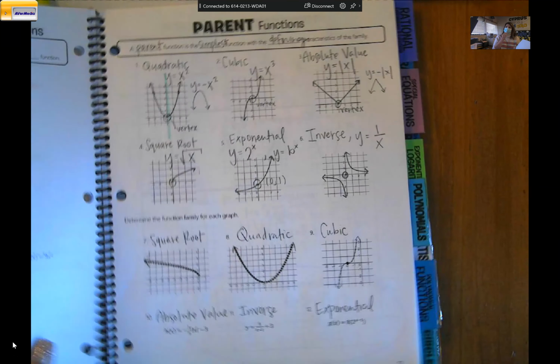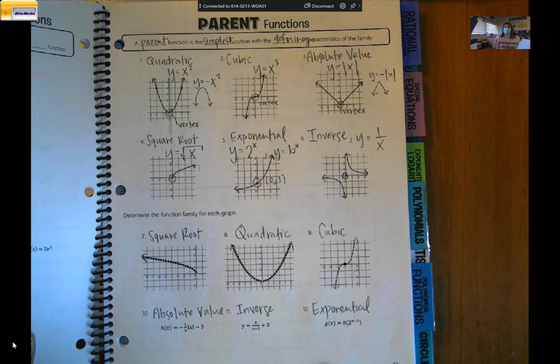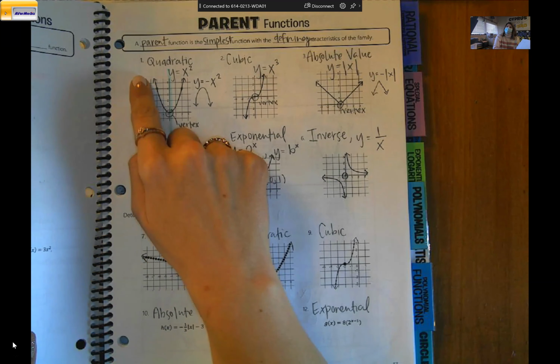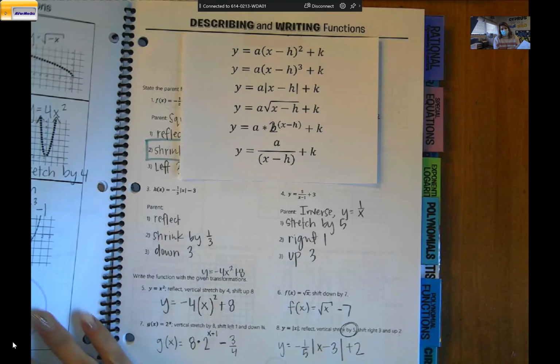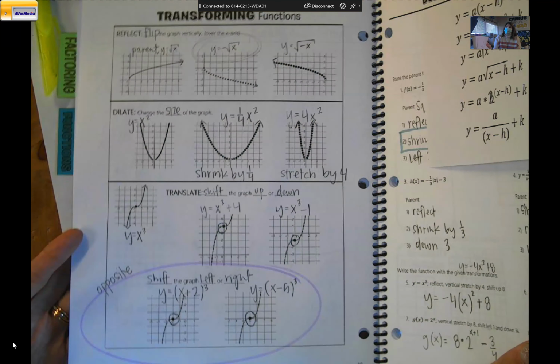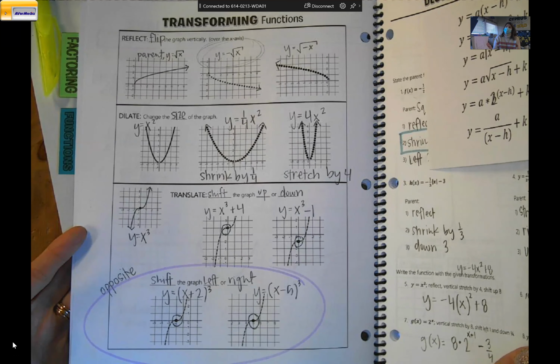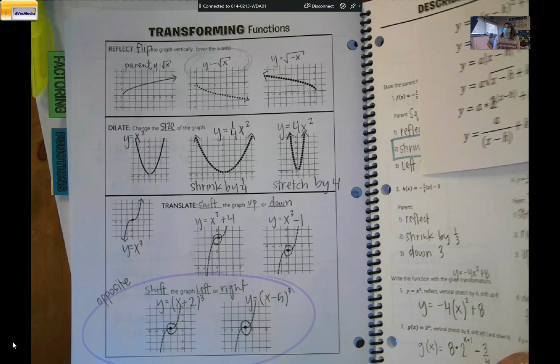Then the next thing we did was start talking about these graphs. And the connection is, if you plug different values into a function, they make these graphs that you see on your family functions page. We practiced identifying what had happened to a parent function.